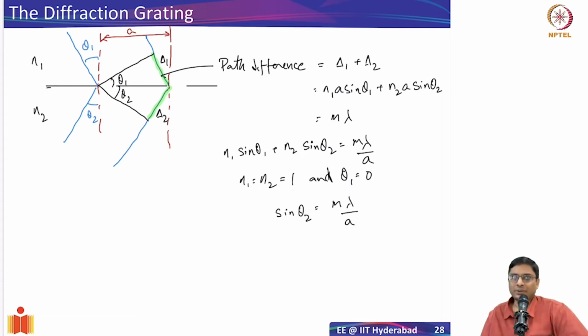If you take a moment and observe, let's consider a situation where lambda is 500 nanometers and a is 100 nanometers. My lambda by a is going to be 5. In that case, this equation will not be valid for any particular theta 2.